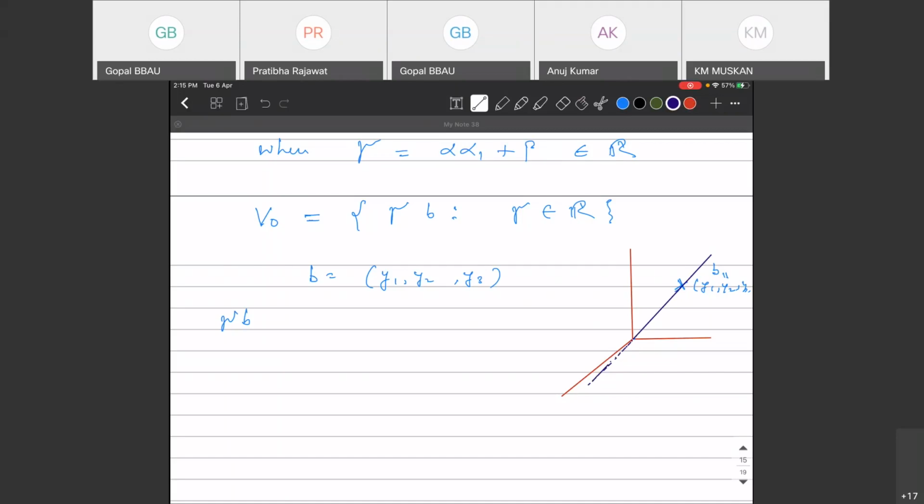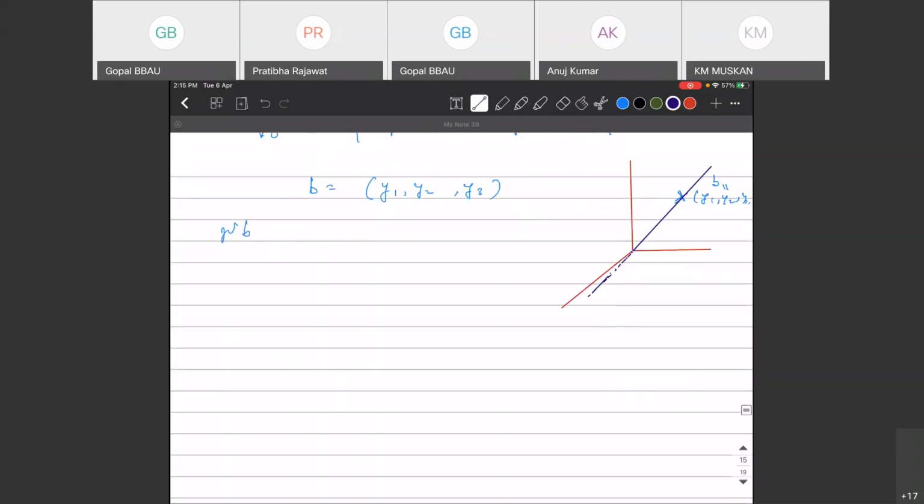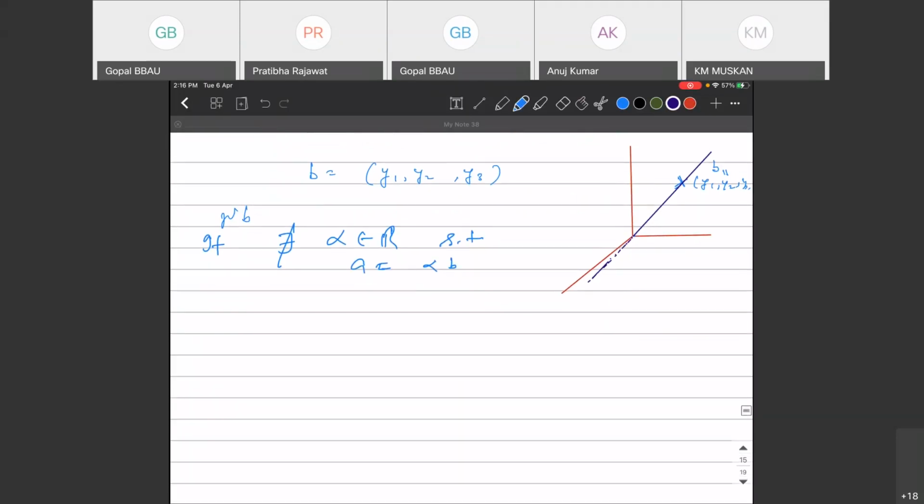If this is not the case, if there does not exist any alpha in R such that A equals alpha B, then V naught is alpha A plus beta B, with alpha and beta real.